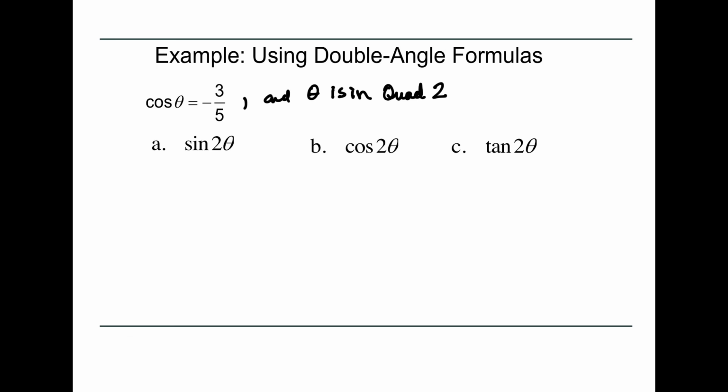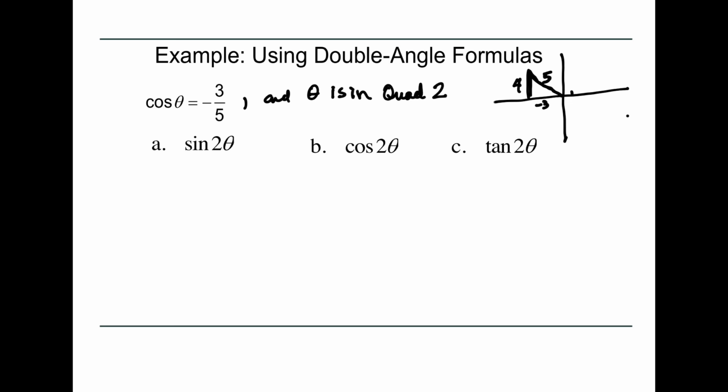If theta is in the second quadrant, let's finish out the rest of that triangle. If I know it's negative 3 over 5, so that negative 3 would apply to the x, and the hypotenuse is always positive. We have a 3, 4, 5 triangle going on. So if you have 3 and 5 for the hypotenuse, you know that the other side has to be 4.